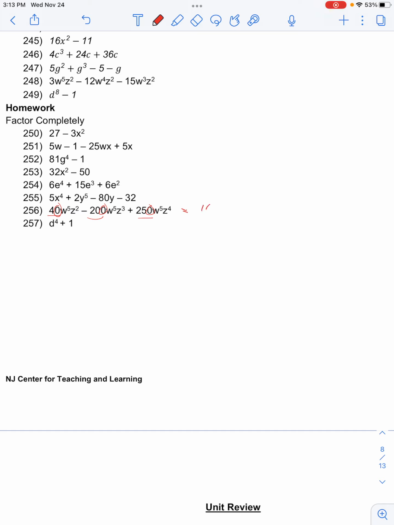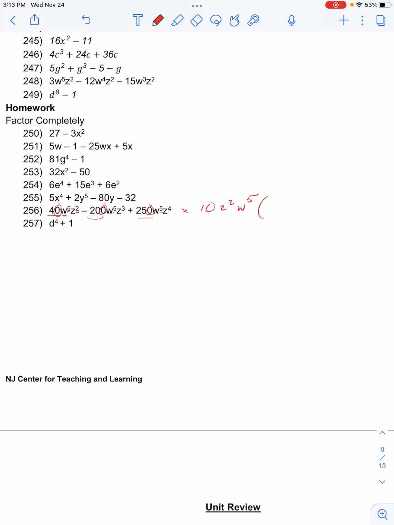So I'm just going to rewrite this first as 10. And then our smallest z power is squared, so we have a z squared. And our smallest w power is to the 5th in each of them, so we have a w to the 5th.